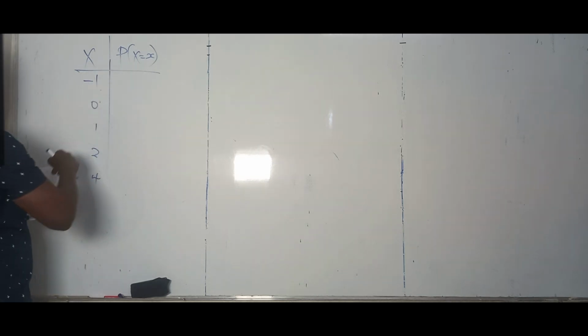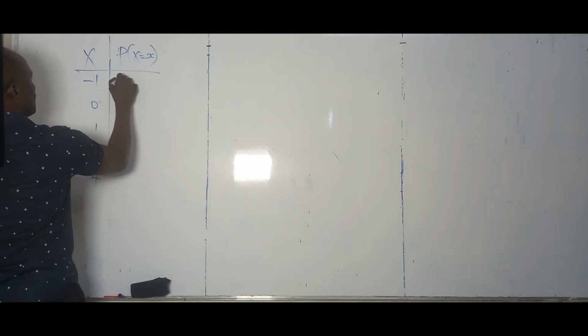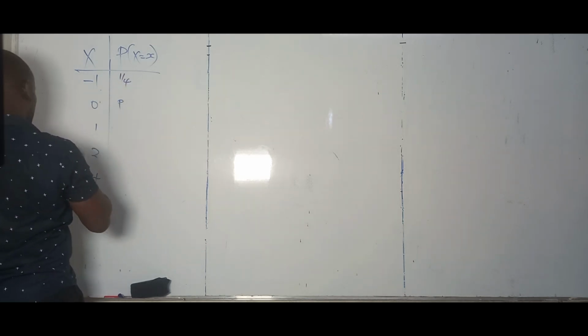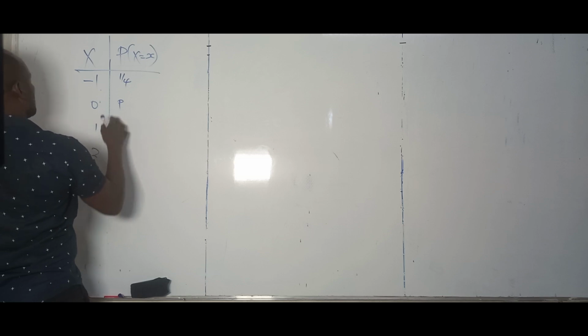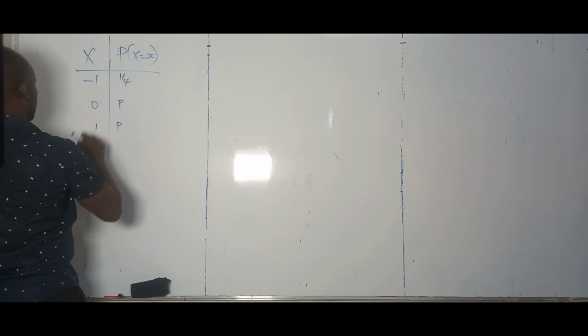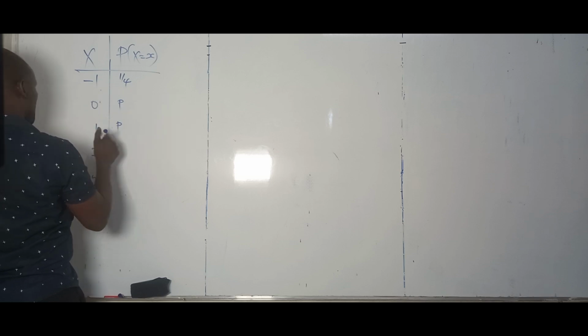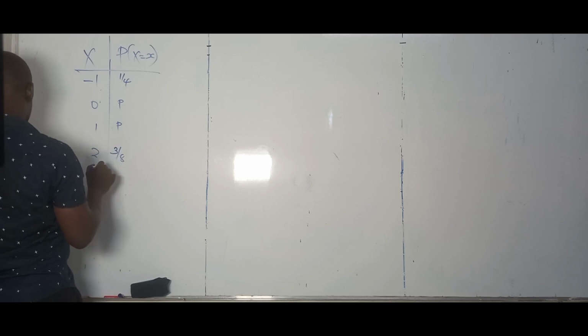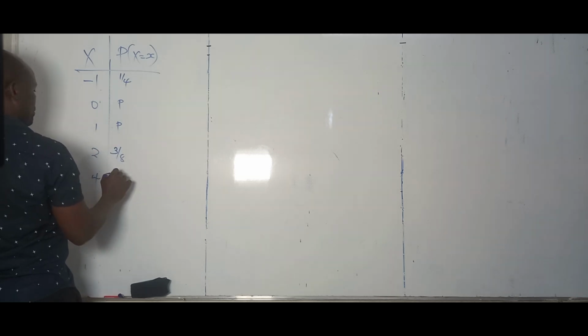It takes -1 with a probability of a quarter, or 0 with probability of p, or 1 with probability of p. So it takes the value 0 or 1 with the same probability. And it takes 2 with probability 3 over 8, and it takes 4 with probability 4p.